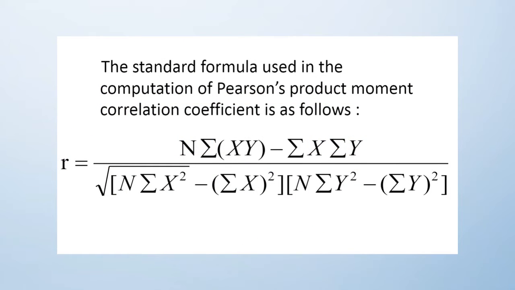Now next, the standard formula used in the computation of the Pearson product moment correlation coefficient is as follows.